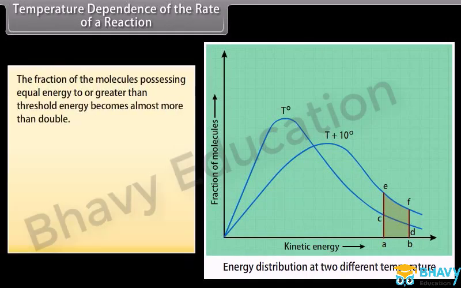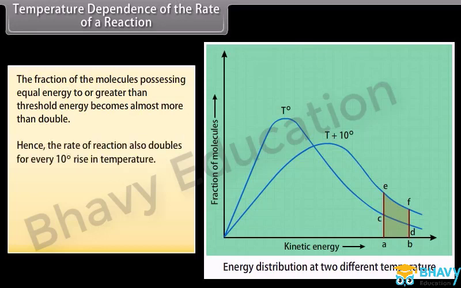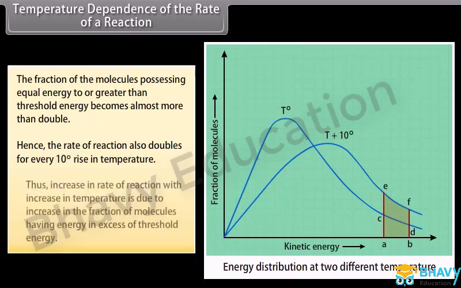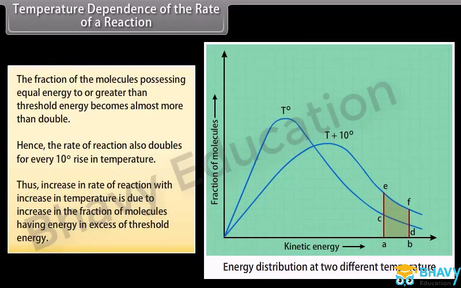The fraction of the molecules possessing energy equal to or greater than threshold energy becomes almost more than double. Hence, the rate of the reaction also doubles for every 10 degrees rise in temperature. Thus, increase in the rate of reaction with increase in temperature is due to an increase in the fraction of molecules having energy in excess of threshold energy.